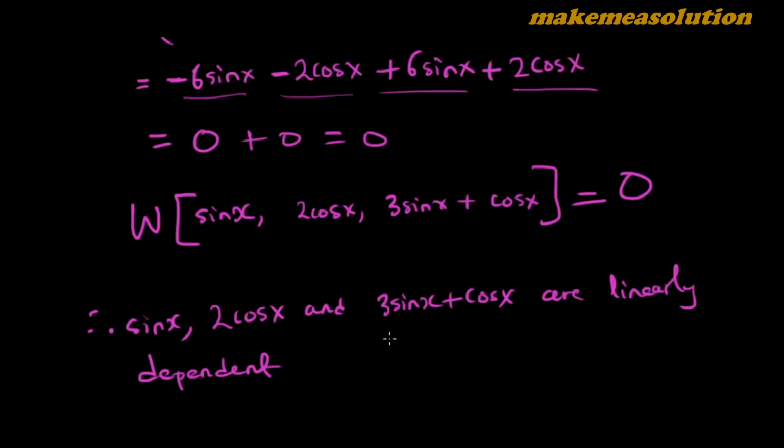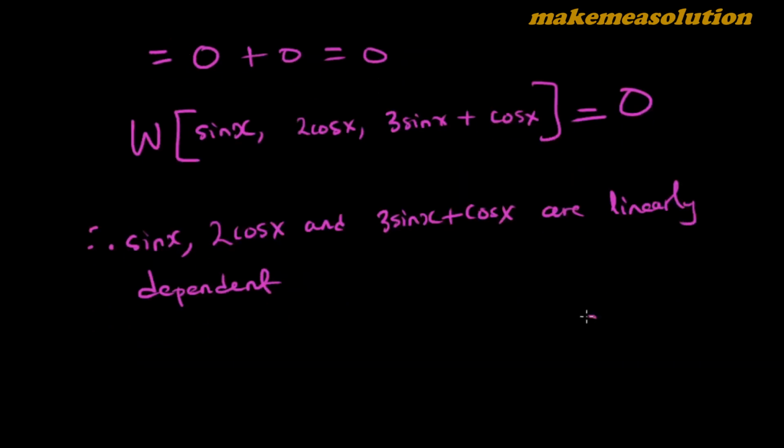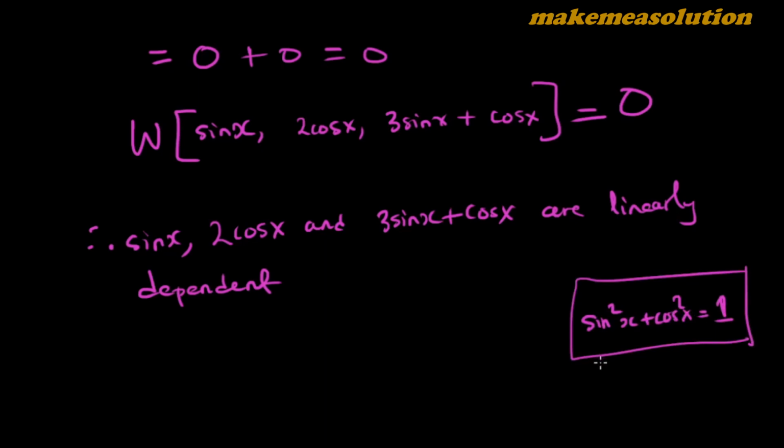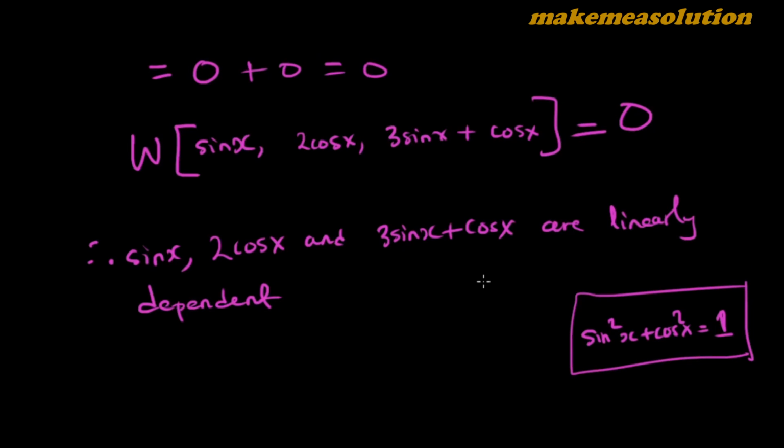So I think this is it for this problem, and I hope you understood the steps and the procedures. So remember, sine squared x plus cos squared x is equal to 1. This is one of your keys when you're solving for the Wronskian of trigonometric functions. Is that okay?